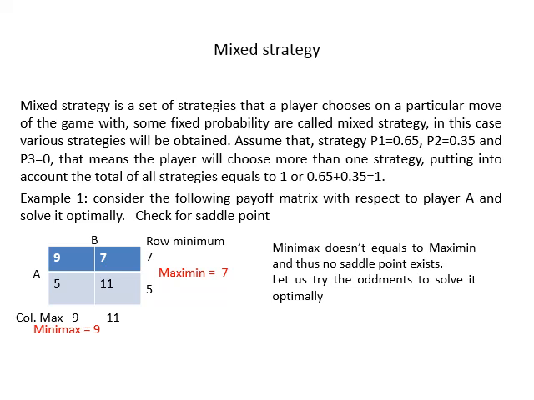That means the player will choose more than one strategy, putting into account the total of all strategies equals 1, or 0.65 plus 0.35 equals 1.